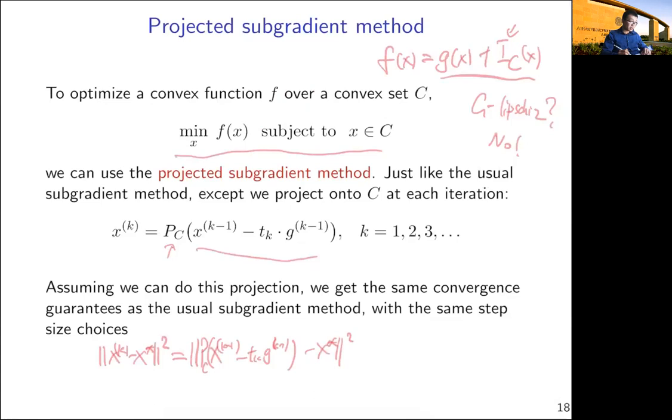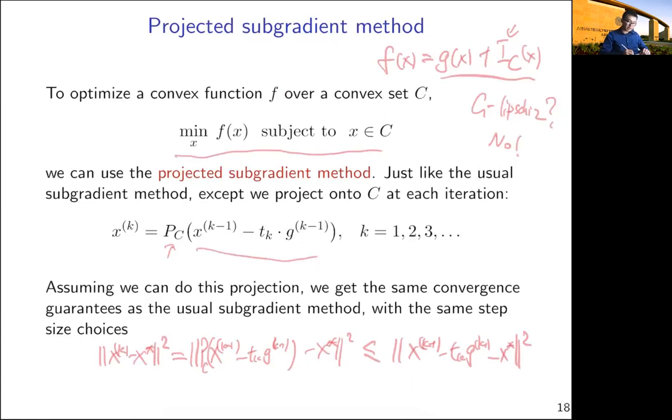What we want is to construct an upper bound of this by showing that we can drop this projection operator. Then we can just follow everything that we have seen before and prove the convergence as if this is the unconstrained problem. The question is why is this inequality true?